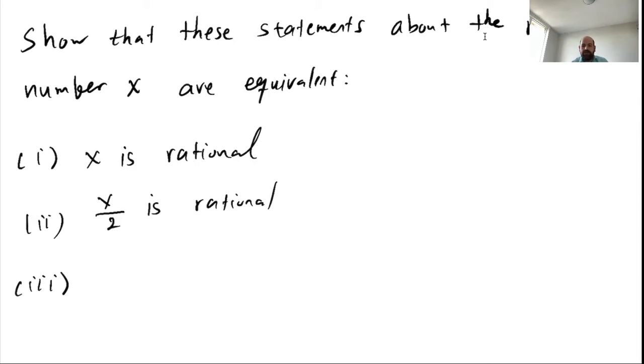I was assuming a and b are integers, therefore a and 2b are integers, and denominator, which is 2b, is also not 0 because b is not 0. So then that means x over 2 is rational number. So this was 1 to 2, now 2 to 3.